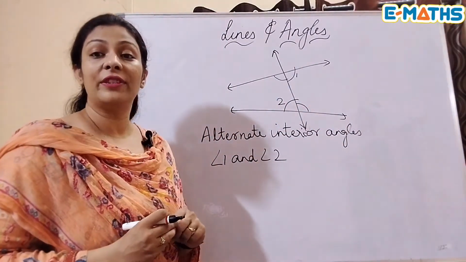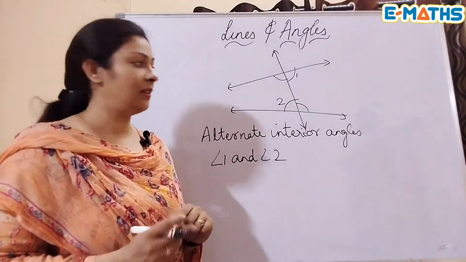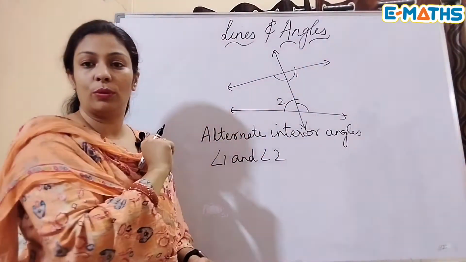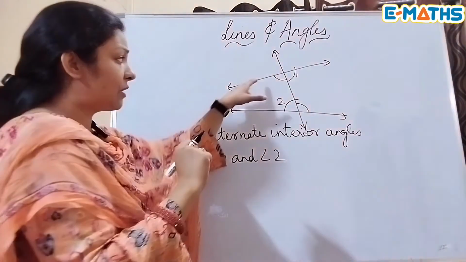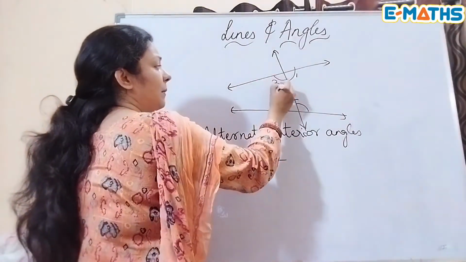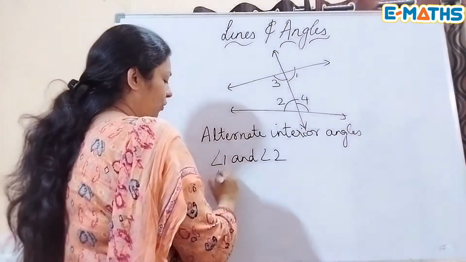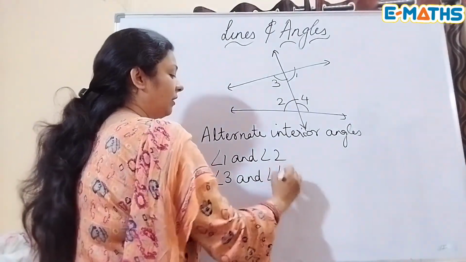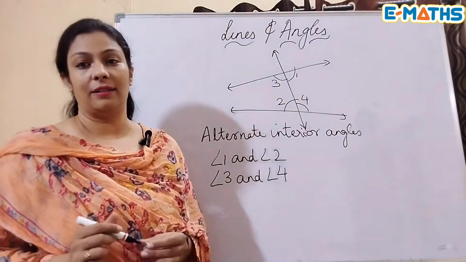So now we have certain more pairs of alternate interior angles. I can say there is one more pair. We have already taken the two angles that were in interior. There is one more pair left, and that I can name as 3 and 4. So we have two pairs of alternate interior angles.